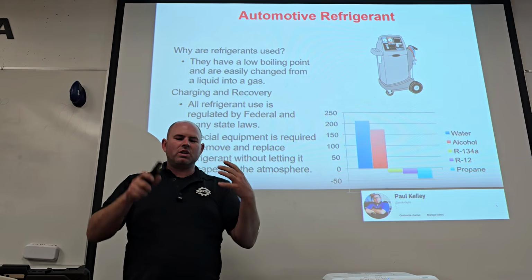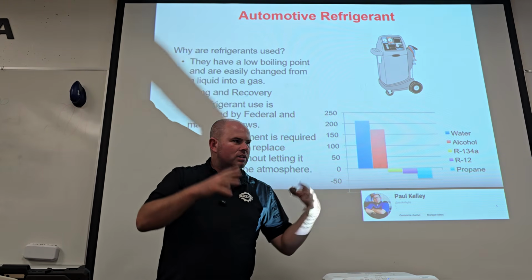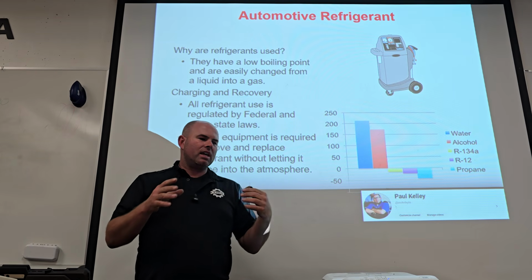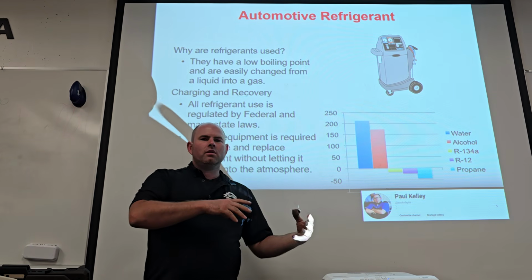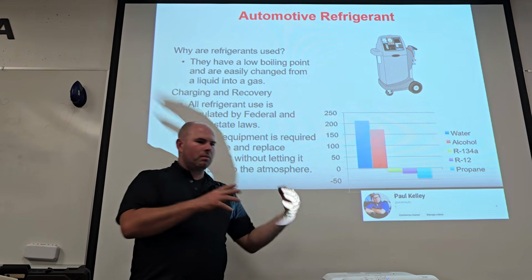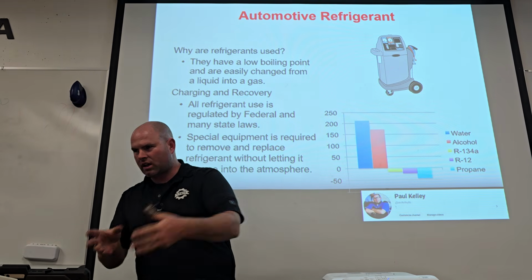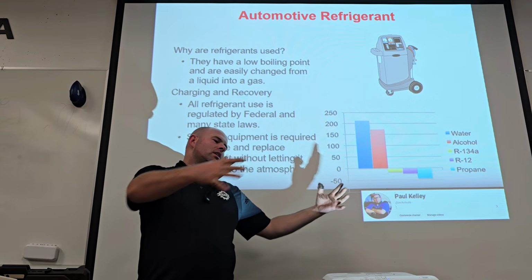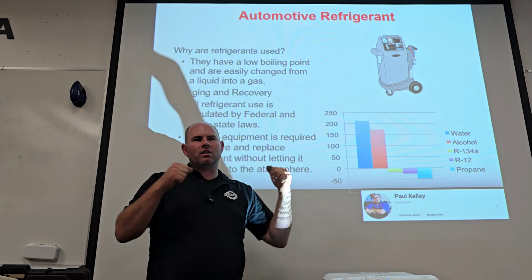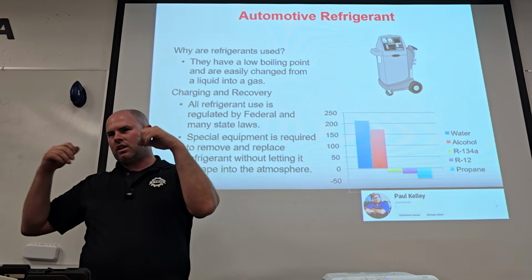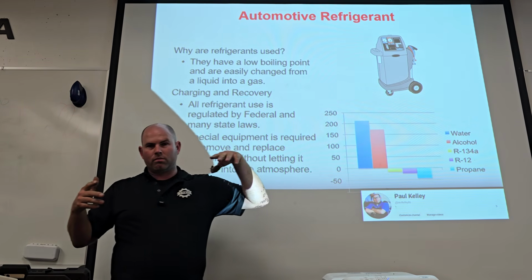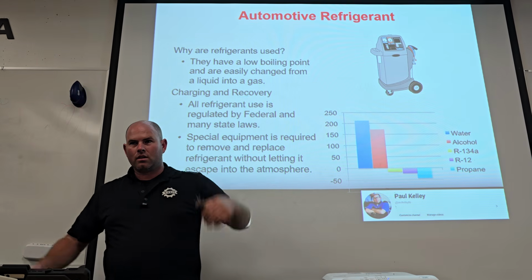So we just needed some element, some state, some matter that we can manipulate, make it boil, make it condense, make it evaporate, make it condense. We're just manipulating the change of states, absorbing in the evaporator, rejecting in the condenser, okay? And refrigerants have that amazing low boiling point that allows us to do that.